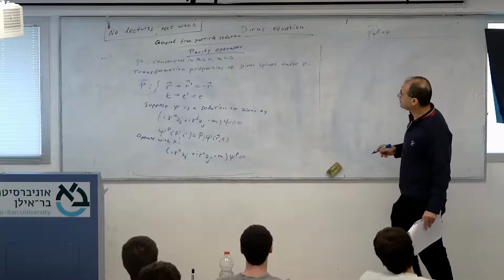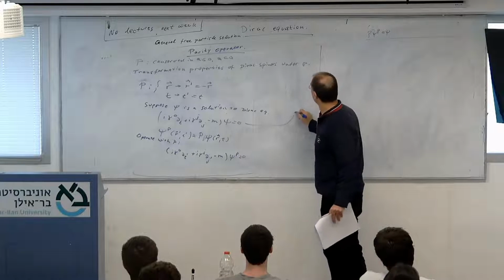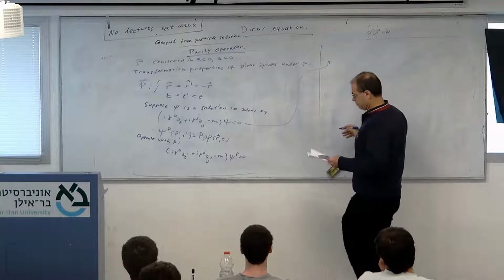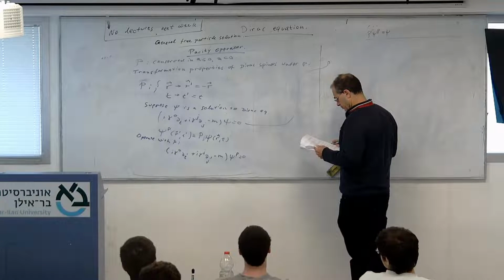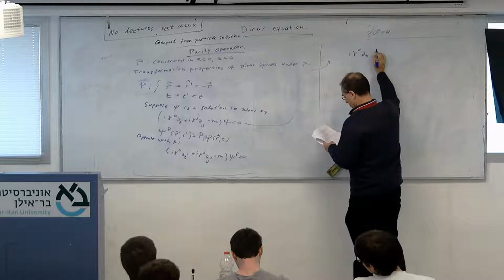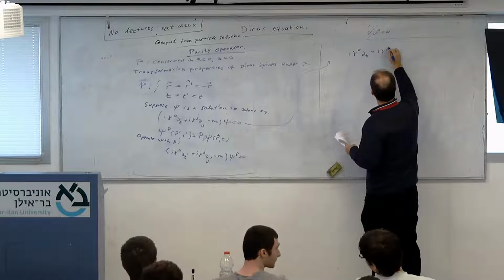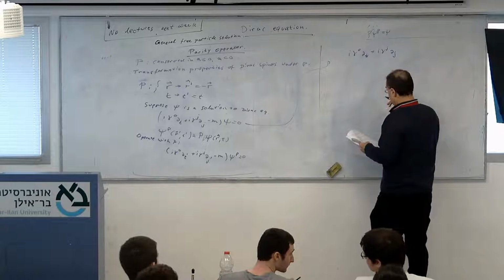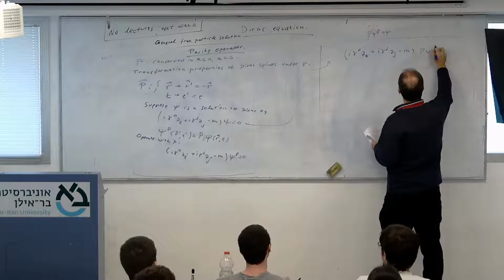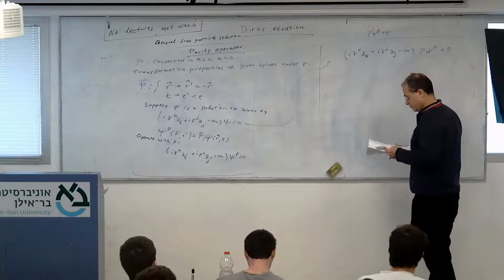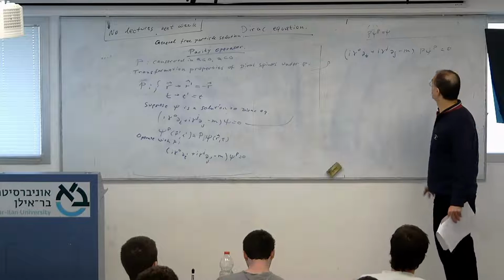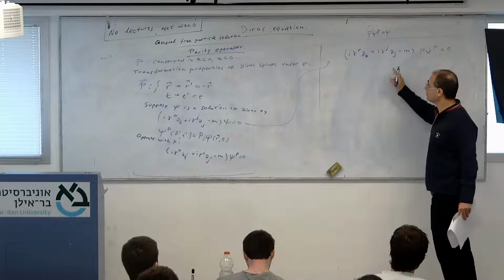So, I take the Dirac equation and let me write it as i gamma 0 dt plus i gamma j dj minus m, p psi p is equal to 0, because this and this are the same.